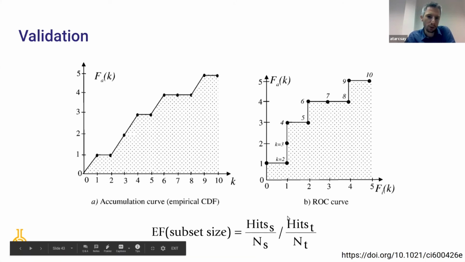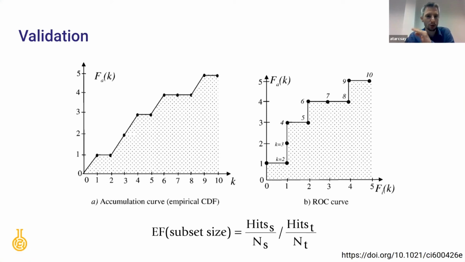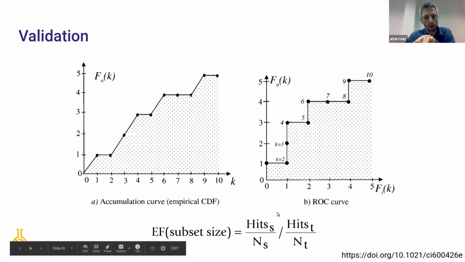The other method to validate the docking is called enrichment factor, and it has a Boltzmann-enhanced version as well, where you have a database that you want to rank. You prioritize the compounds based on the docking scores, and you focus on a subset, let's say the first 1% of the ranked database.